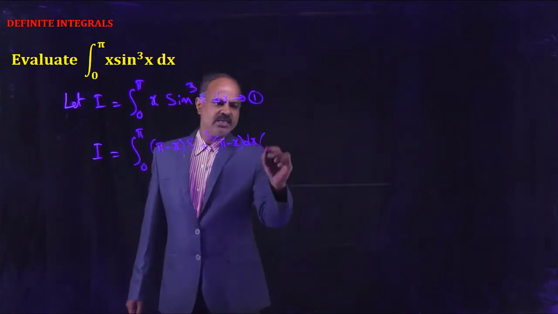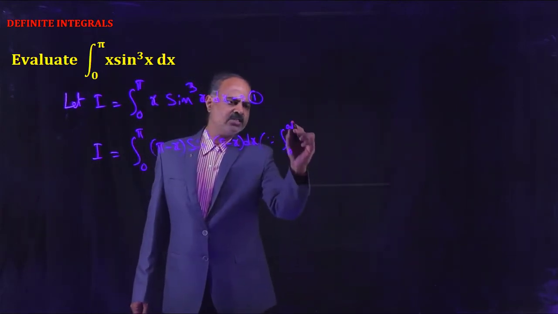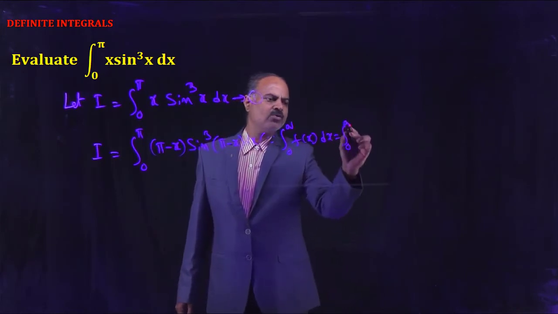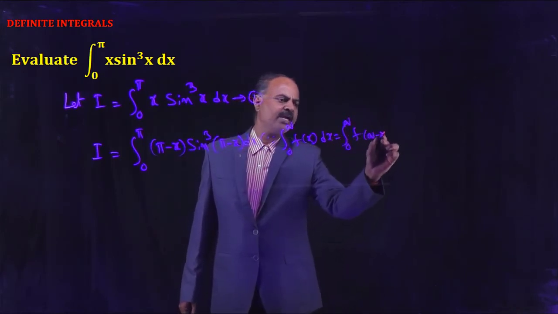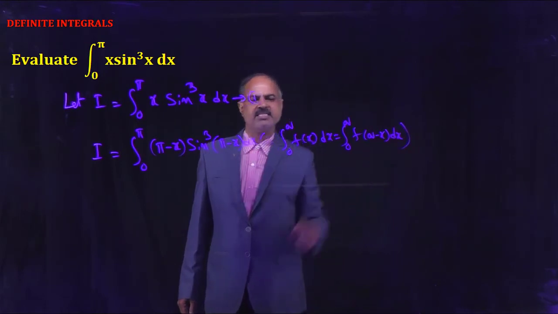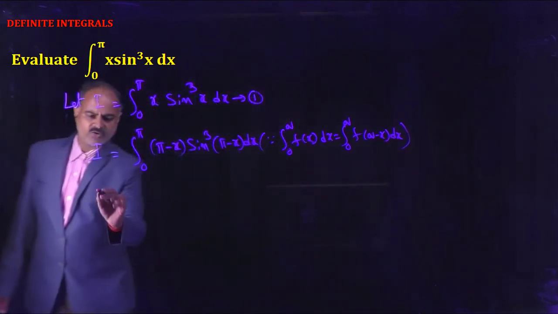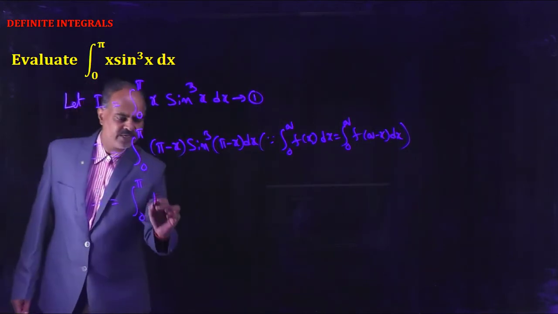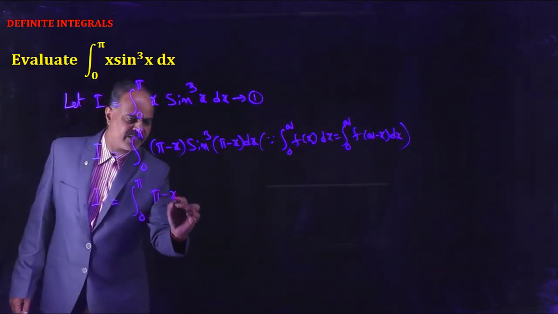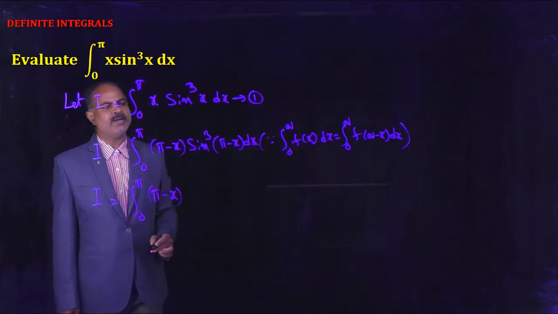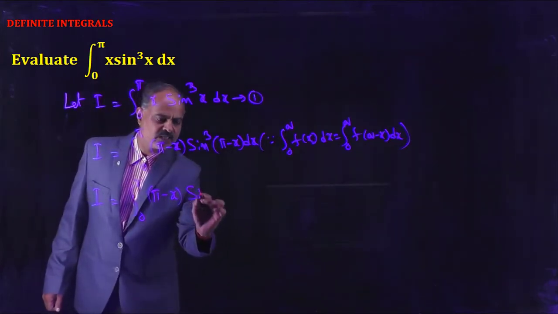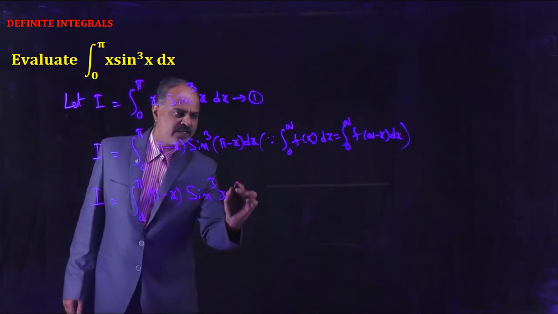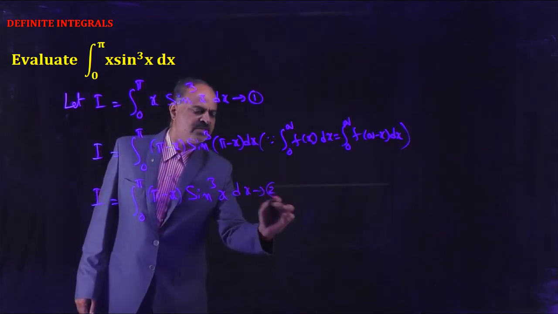Now this is I equal to integral 0 to pi of (pi minus x) into sine cube x dx, since sine of (pi minus x) equals sine x. This is equation number 2.